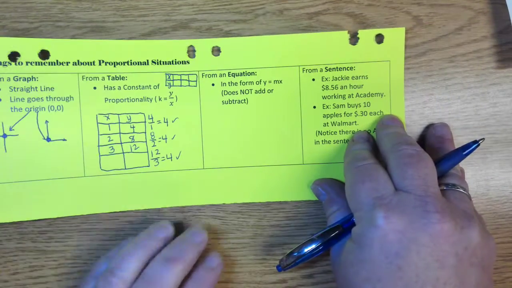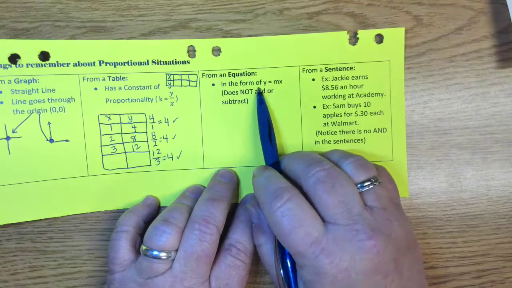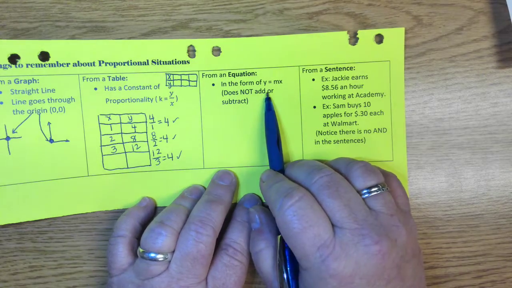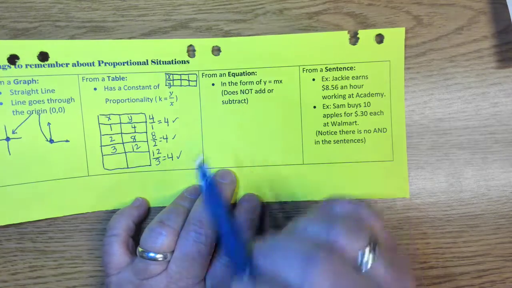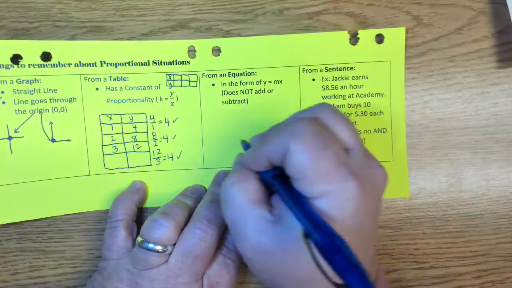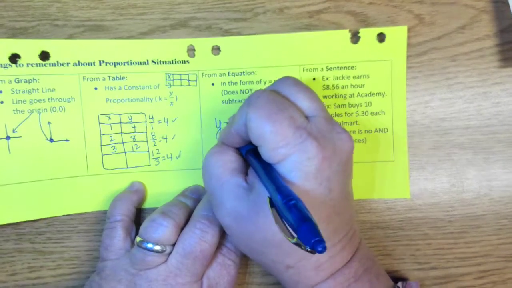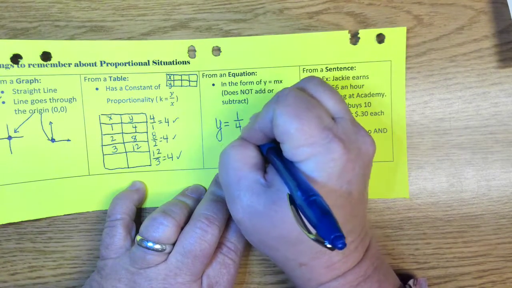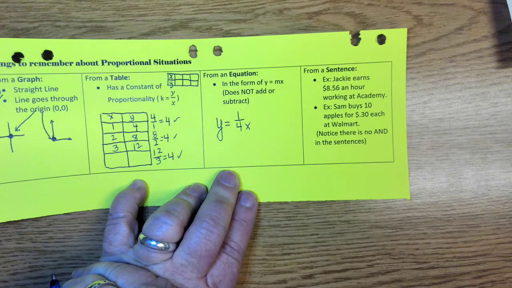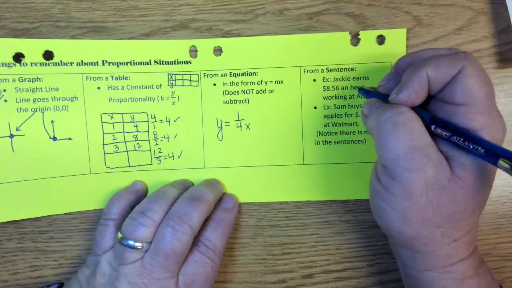From an equation, in the form of y equals mx, which means it does not have an addition or a subtraction sign. I have seen things that have stumped students, messed them up, if it said something like this. That is still proportional, okay? That is still okay.